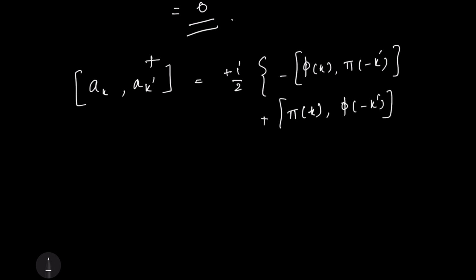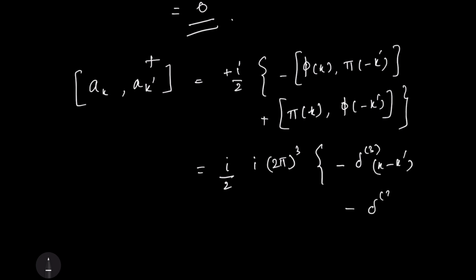Only these two terms will survive, all the other terms will be 0. Then i by 2, I take i 2 pi cube common outside, then minus delta cube (k minus k prime) minus delta cube (k prime minus k).